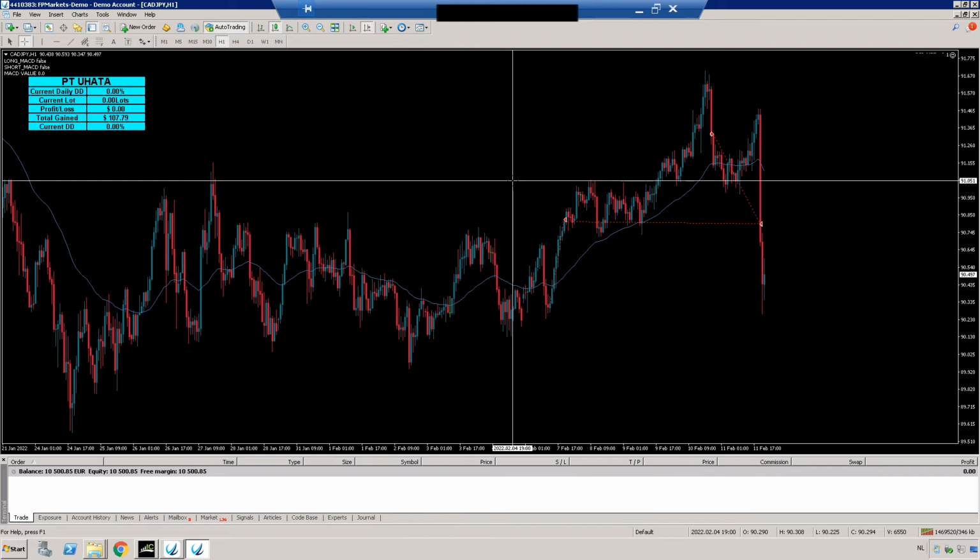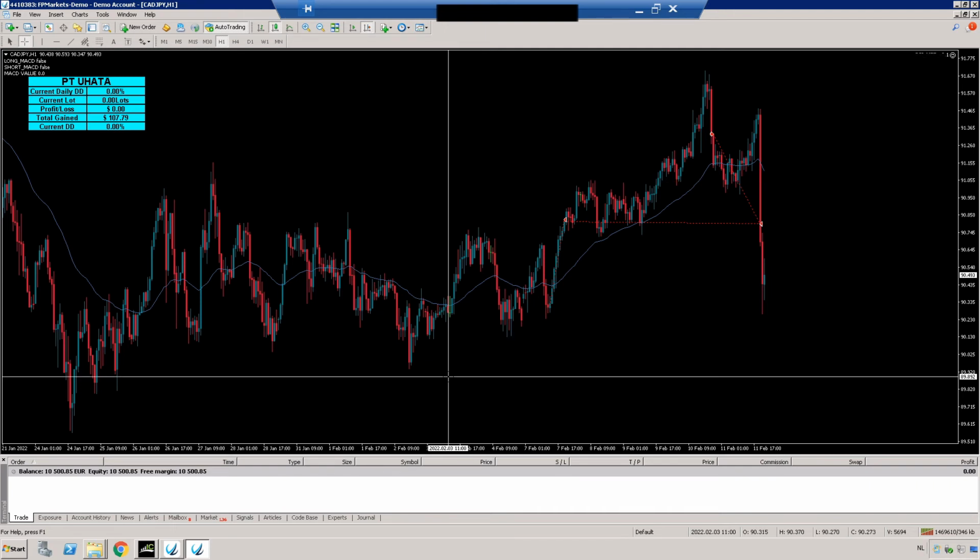The robot makes sure that it manages the trades well, and I make sure that I don't place trades that don't make any sense, like placing a buy order near a supply zone or a resistance, etc. Yeah, so now I'm looking for another opportunity on a different pair.